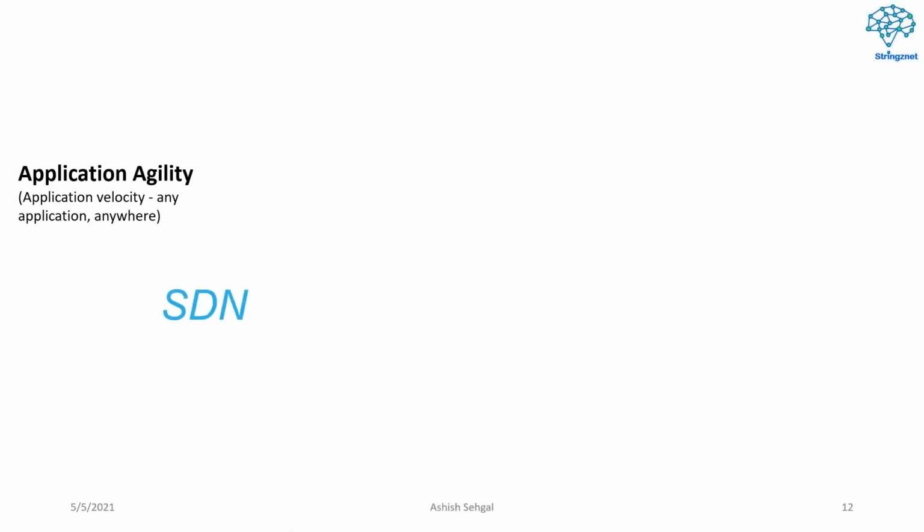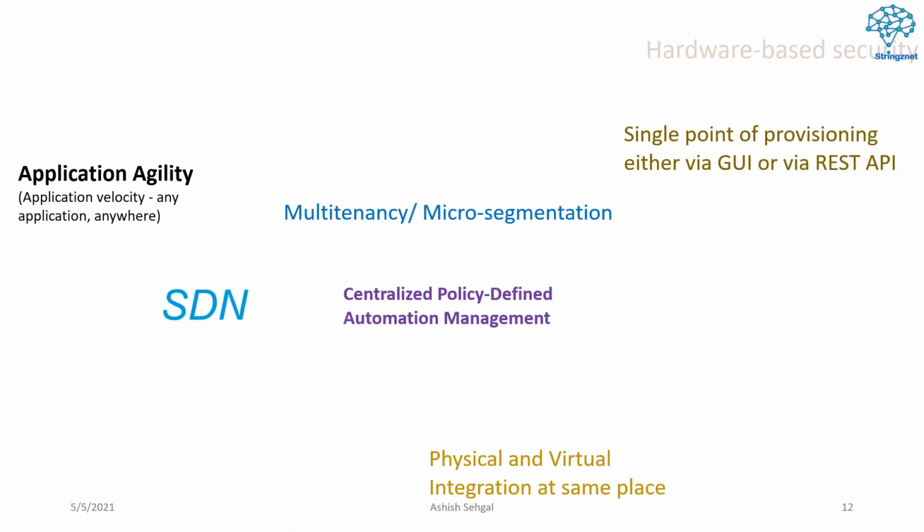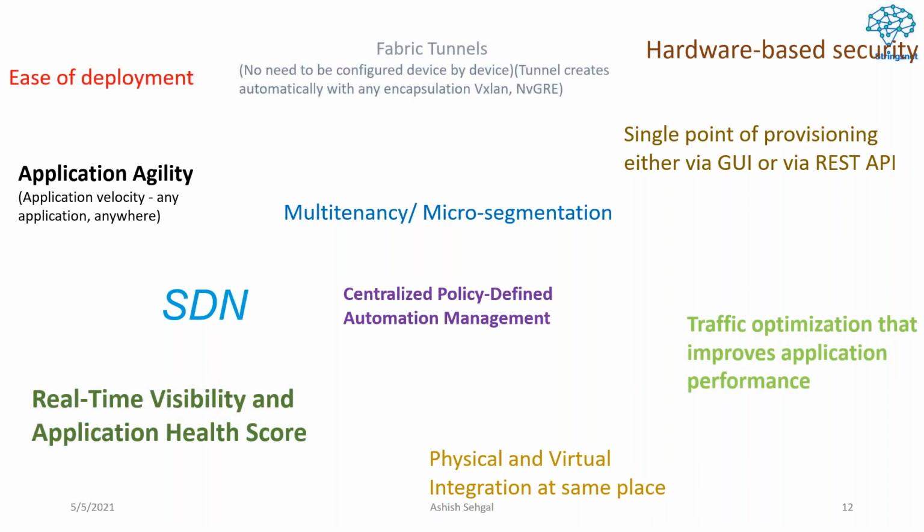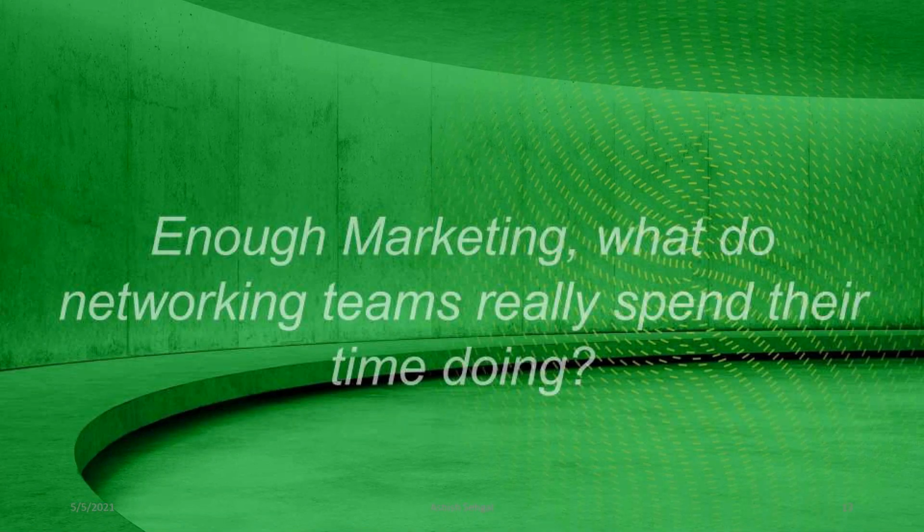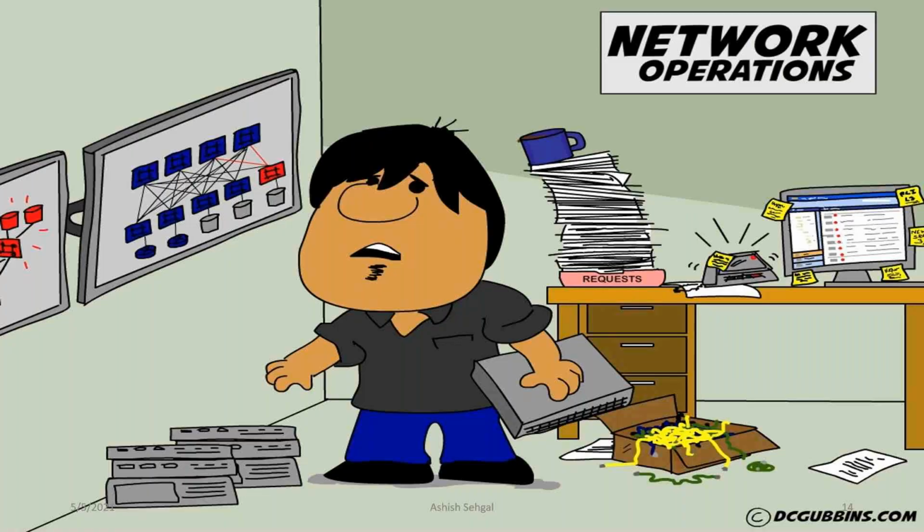The question is, why ACI? Because ACI gives us tons of solutions, a simplicity. Guys, let me tell you, probably I am doing marketing, but my intention is not to market the product. My intention is just to teach you the technology.